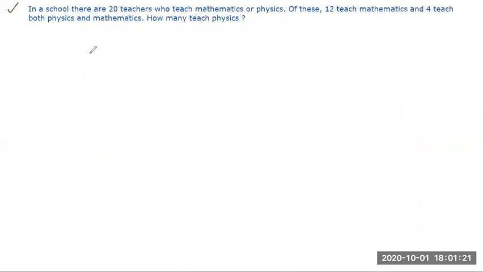So we can proceed to the second sum. He says in a school there are 20 teachers who teach mathematics or physics. So now comes our basic understanding.